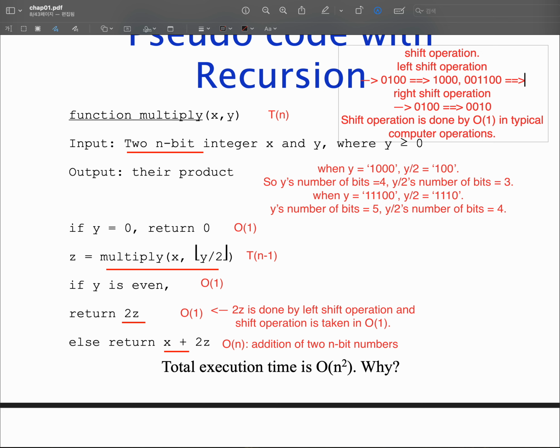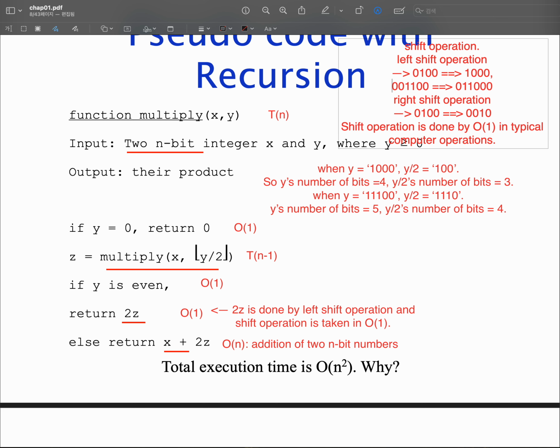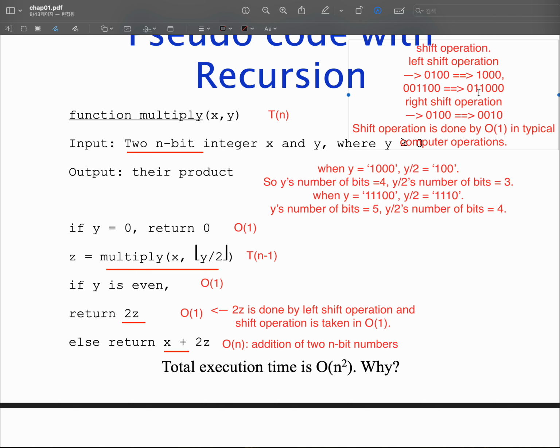So left shift operation gives 011000, okay? So that is left shift operation, okay? And there are 2 types of shift operation, right and left shift operation. So this can be done by shift operation, okay?